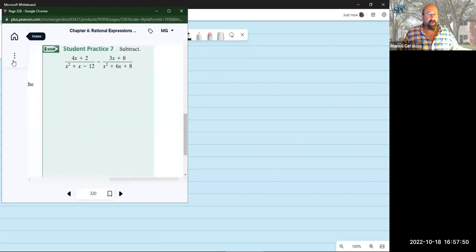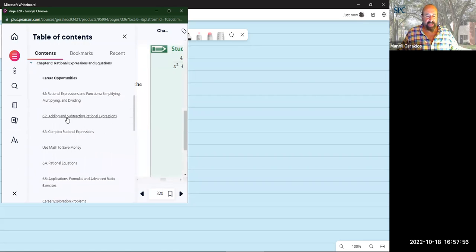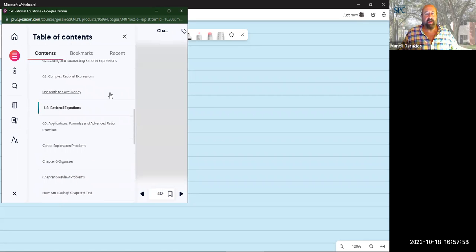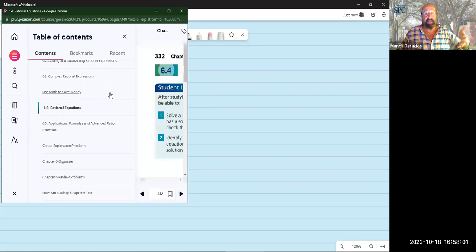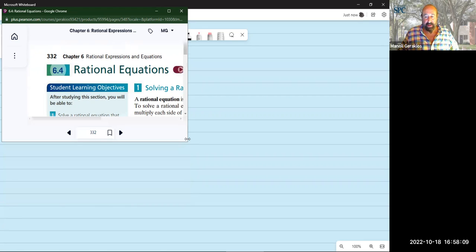Okay, I want to go now to section 6.4. Let's get this started today, and we're going to finish this on Thursday's class. So section 6.4 now talks about rational equations.